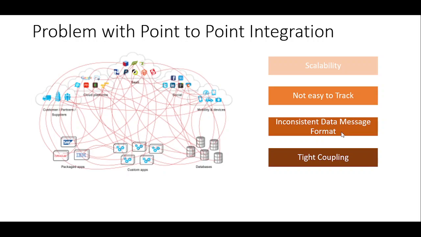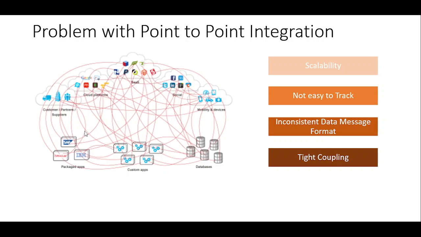Now, the third problem we have here is inconsistent data message format. What I've seen sometimes is the same message is being sent to different applications. When I say same message, I mean the same kind of information, but the format of the message might be different.